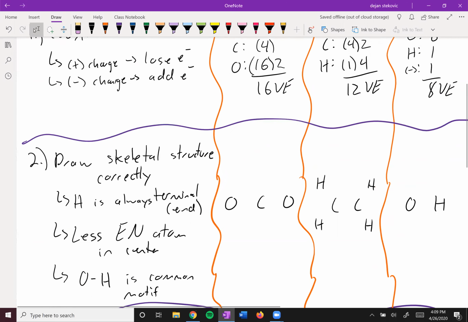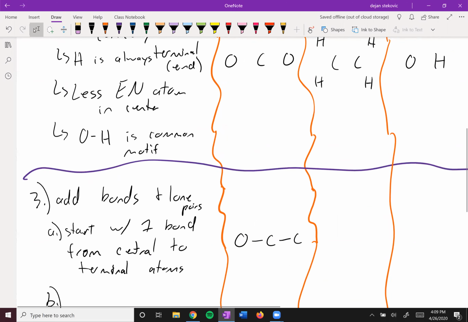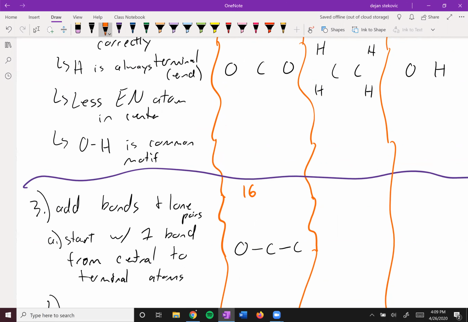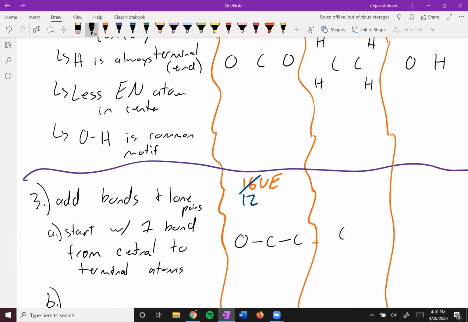If we think about it, we originally had 16 valence electrons. We just used up 4 of them, 2 per bond, so now we're down to 12 valence electrons there. This next structure, just basically want to give everything about 1 bond. So there we go.